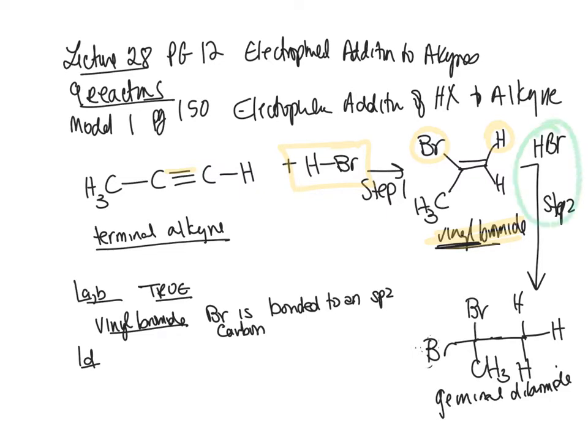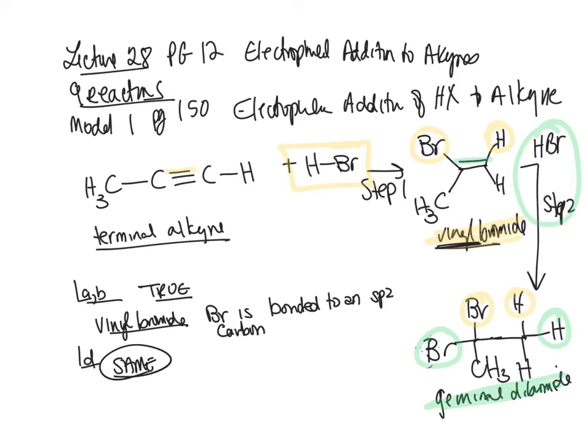So now we added a second HBr to this other pi bond, and you see that you have the Br here, and then the next HBr adds there. And that's called a geminal dibromide. In the product formed after step 2, the two bromine groups are attached to, did you circle same carbon?